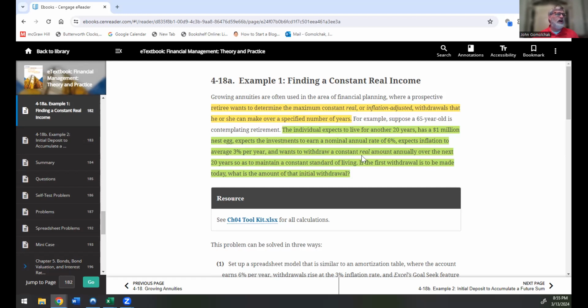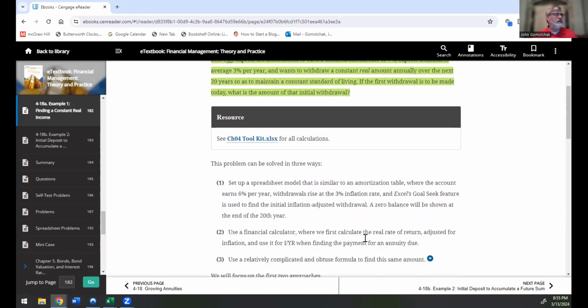He wants to withdraw a constant real amount annually over the next 20 years so as to maintain a constant standard of living, basically buying power. If the first withdrawal is to be made today, what is the amount of that initial withdrawal? Oh, annuity due, right? It's another one of the interesting problems here.